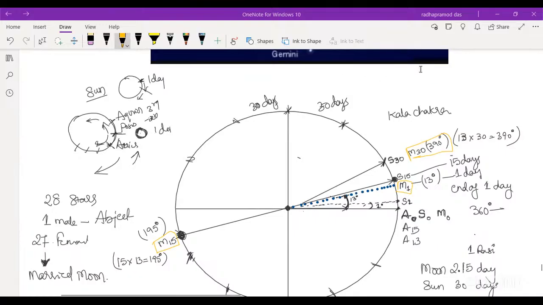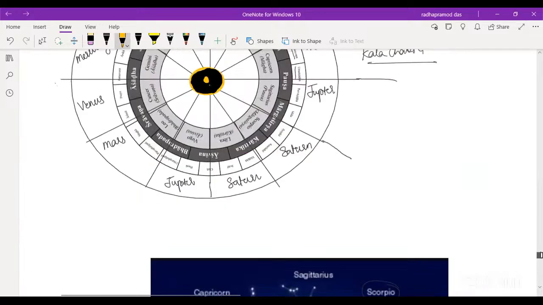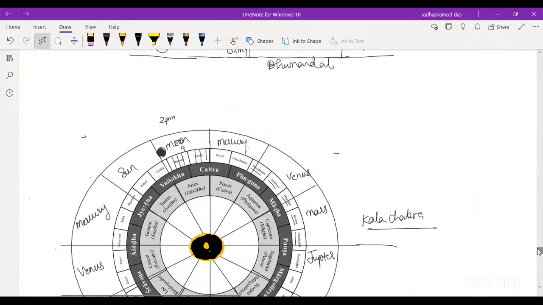So they divide every star into 4 parts. Each zodiac sign has 9 parts. Each zodiac sign, like you have here Aquarius, has 9 parts. And each star has 4 parts.